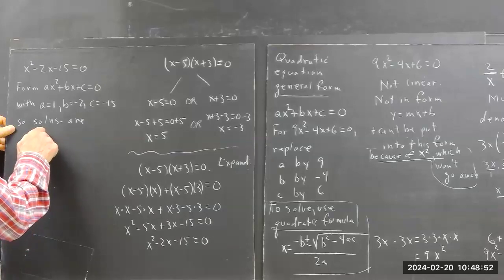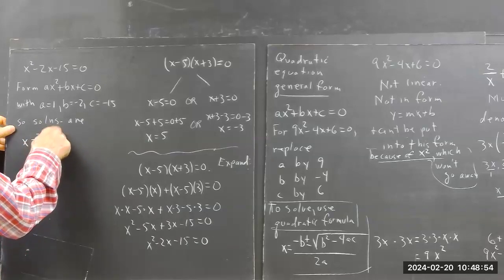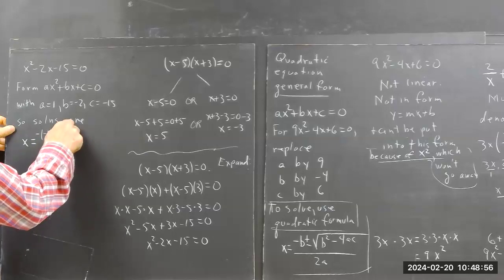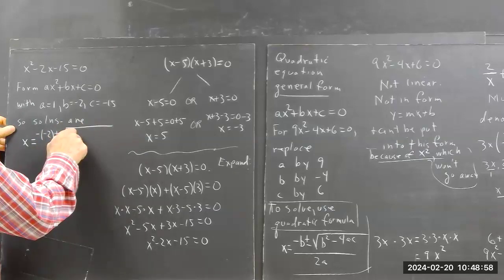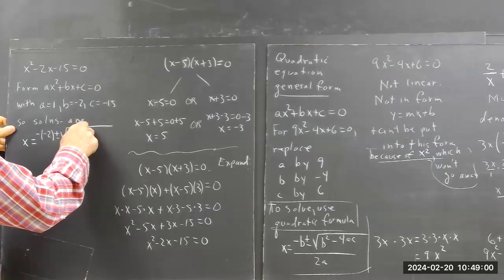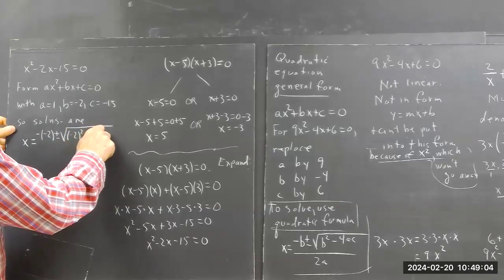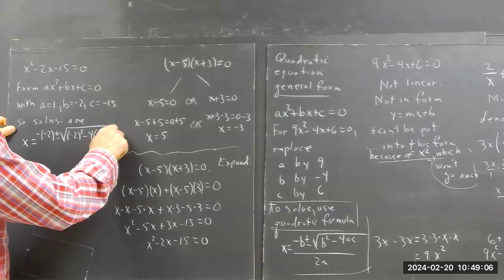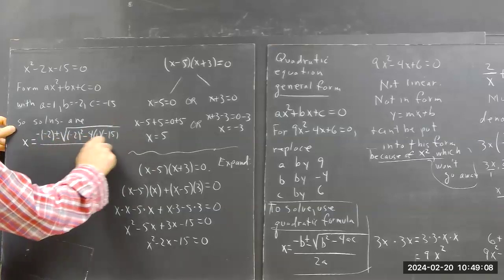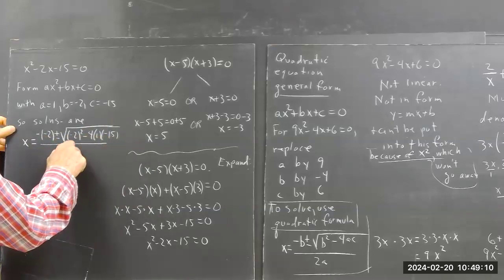Okay, so x is negative of -2 plus or minus the square root of -2 squared minus 4 times 1 times -15, all that divided by 2 times 1.